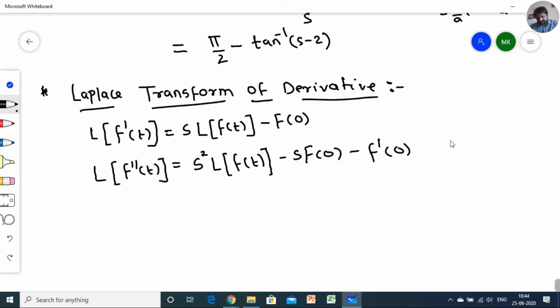But Laplace transform of derivative is also part of your syllabus, so you must understand, because a few times a question is asked and the questions are very easy. You can tackle them, very easy conceptual.